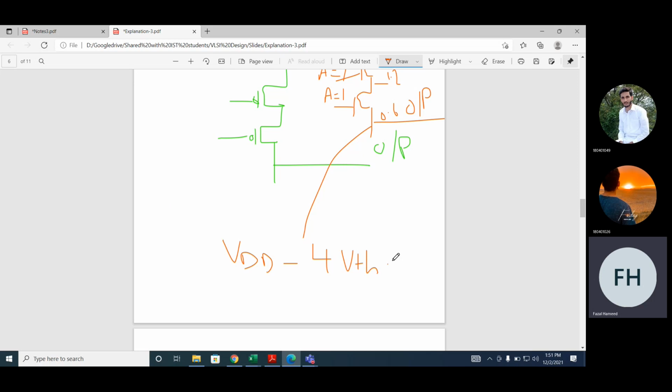When it comes to ground, we want a logical 1, but instead we are getting a logical 0. So will the logic be correct or wrong? Wrong. The logic will be wrong. That's the philosophy behind CMOS logic, that we have 2 types of networks: one is the pull-up network and the other is the pull-down network.